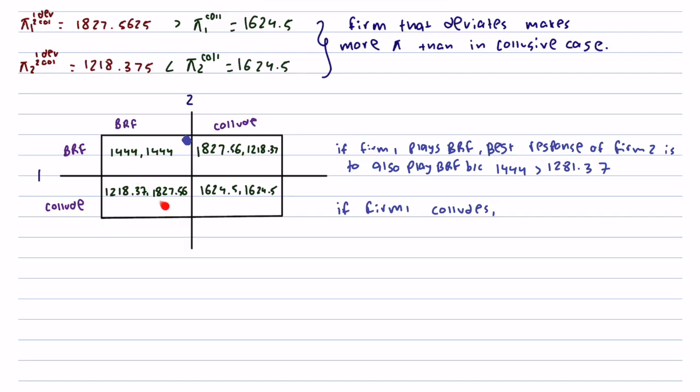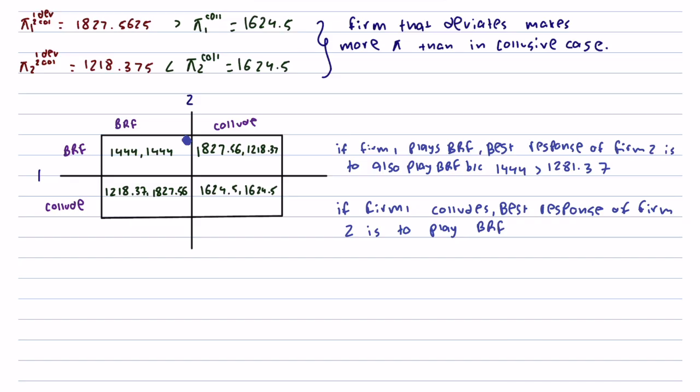Firm 2 can either play their BRF and they'll make 1,827, or they can collude as well, but then they'll only make 1,624.5, right? We're looking at the second number in each box. So if firm 1 colludes, the best response of firm 2 is to play BRF.